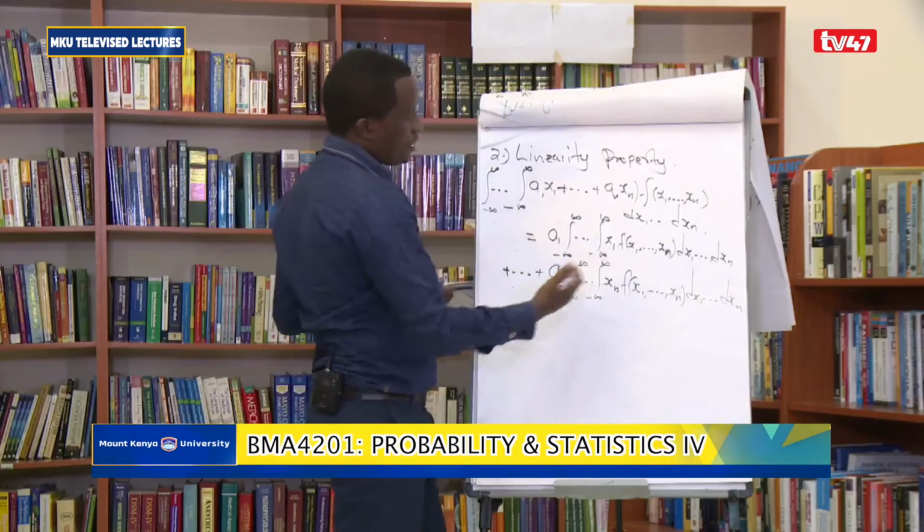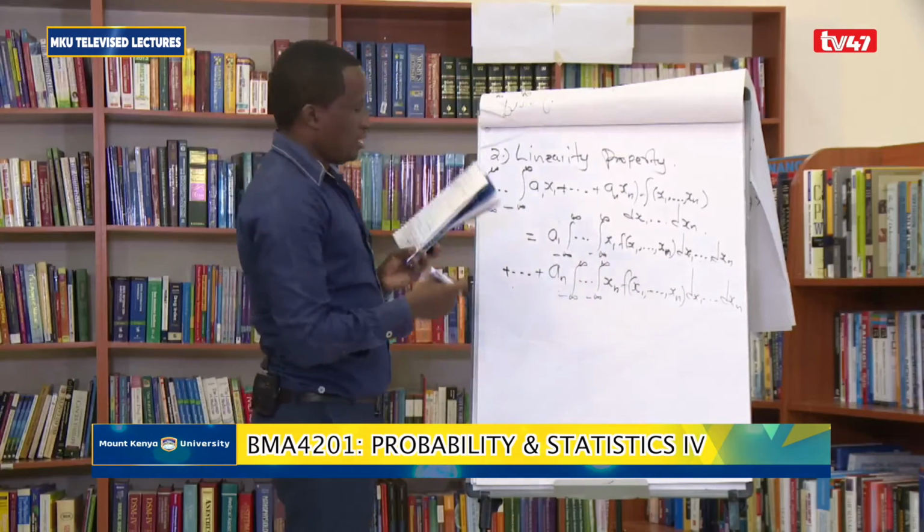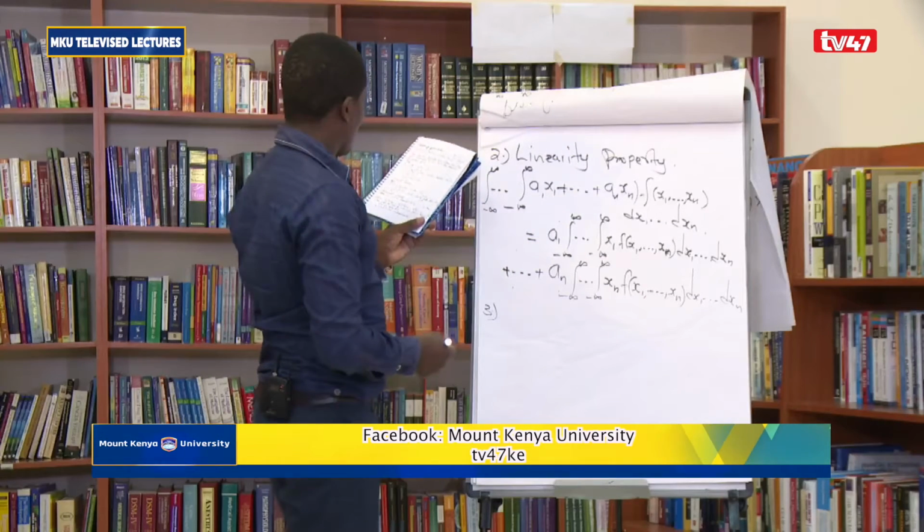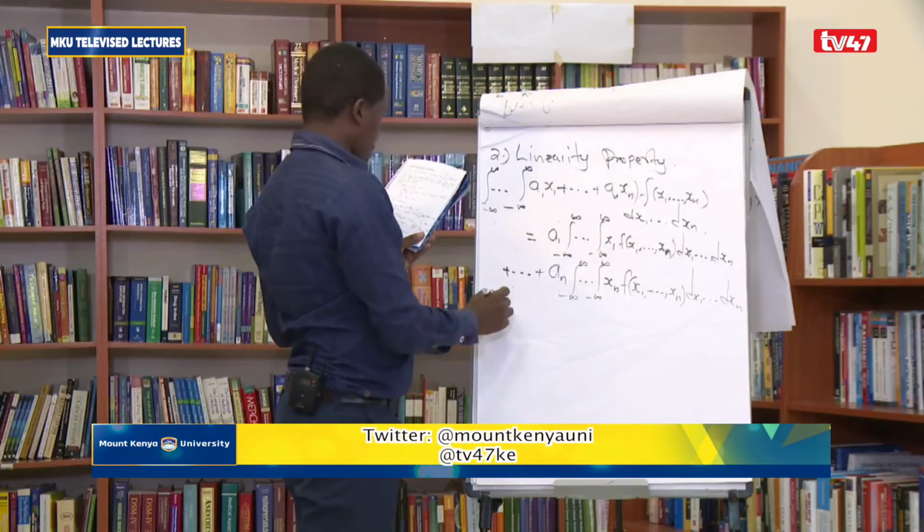So if you have constants, they just come out of the expectation as coefficients. Now multiplicative property.